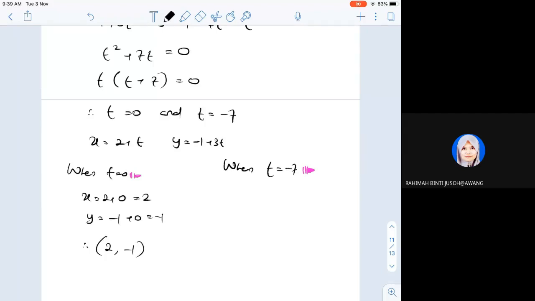We have x equals to 2 minus 7 is -5, and then y equals to -1 plus 3 times -7 is -22. So we will have -5 and -22. Is it correct at the back? Question 9C, yes. Okay, so that's the answer.